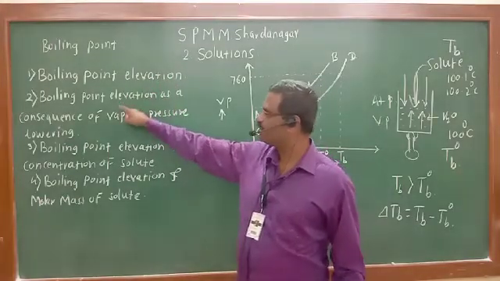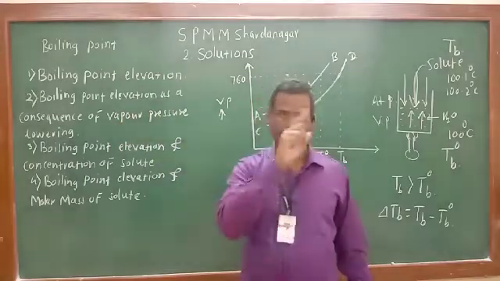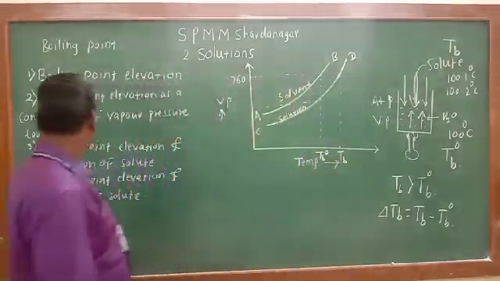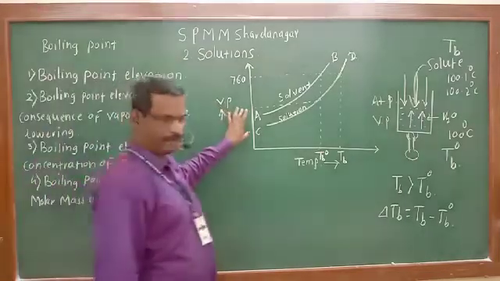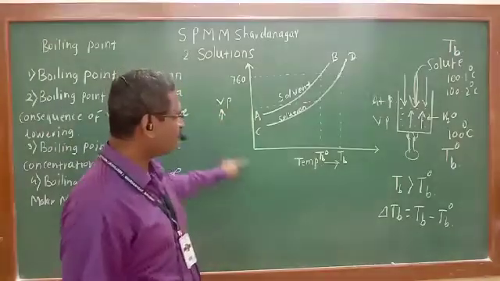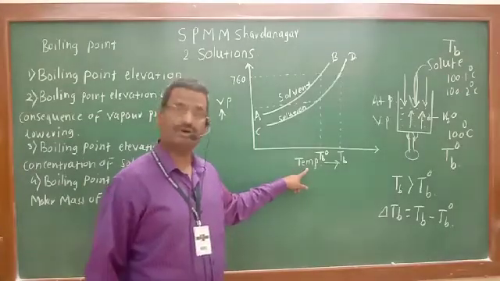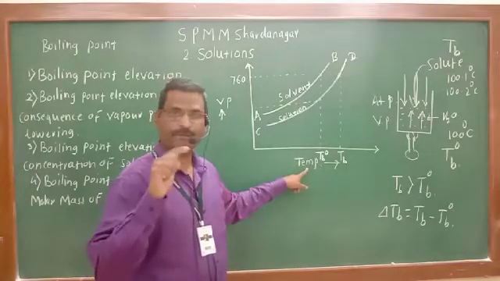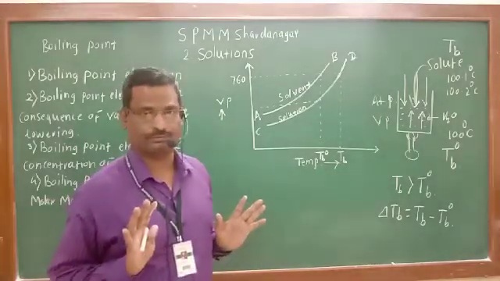Now the next point, boiling point elevation as a consequence of vapor pressure lowering. That is important. From this graph, if we plot vapor pressure as a function of temperature, we have seen in the first colligative property that the vapor pressure of solvent is always greater than that of the solution.